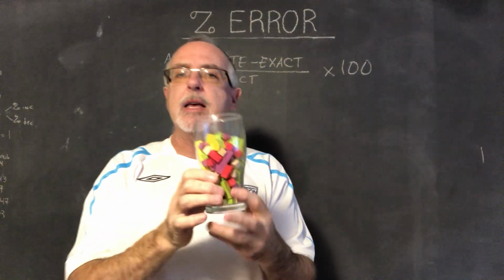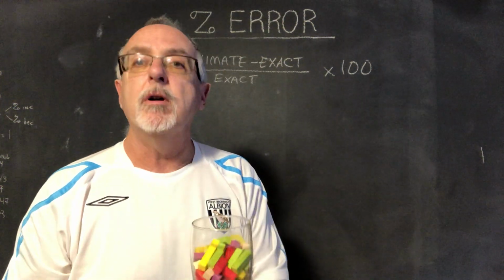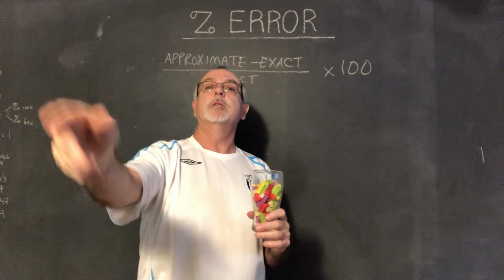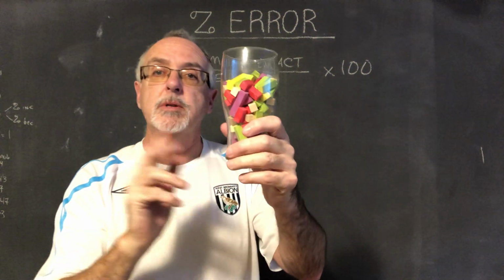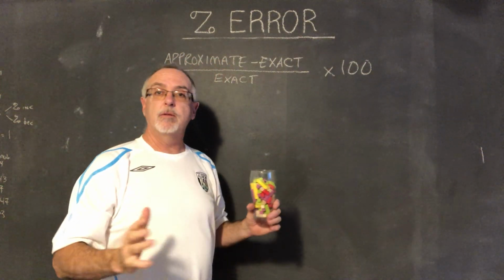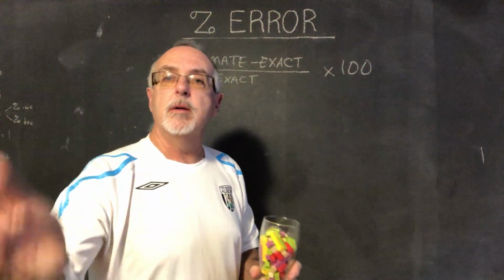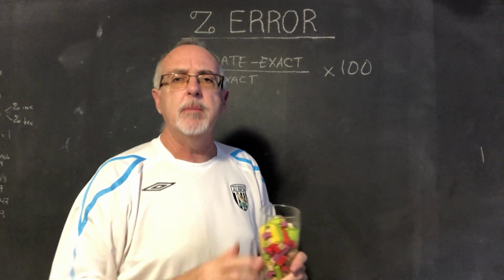You can't dump it out and count them, because if you could, you would get the number perfectly right on. So I am waiting for students in the chat to tell me how many little beige cubes they think are in here. That's going to be the first time we use the percent error formula. And I'm watching the answers come up and I'm just going to be sometimes randomly choosing them.